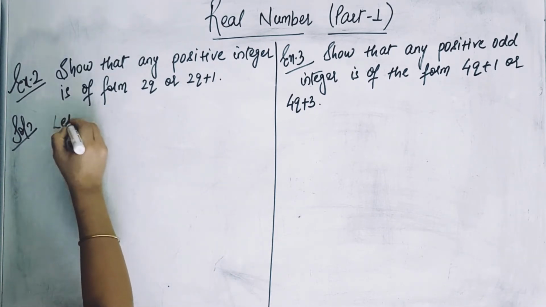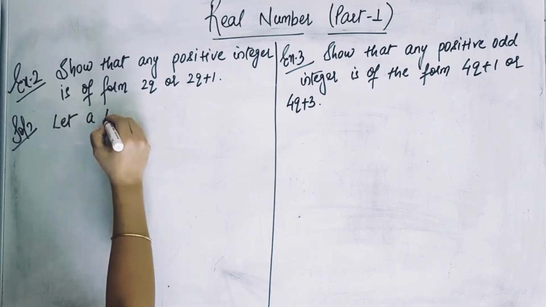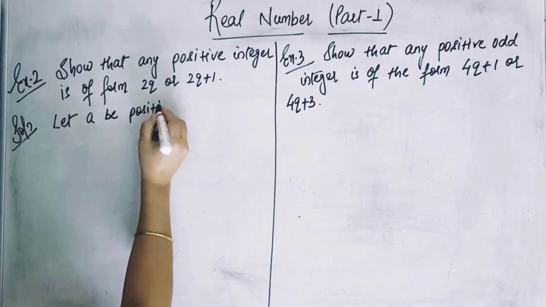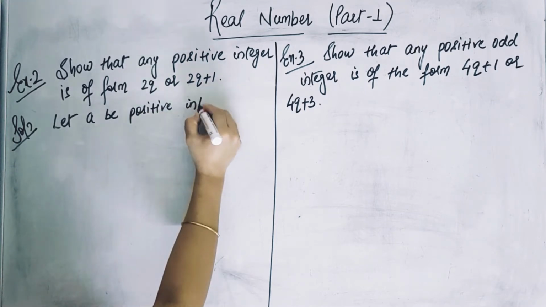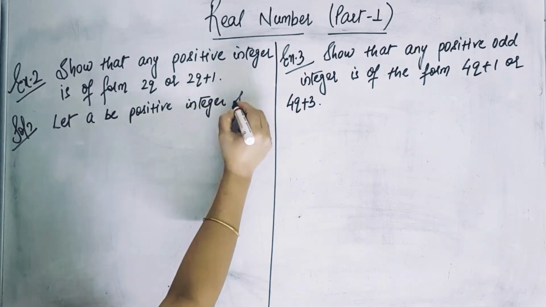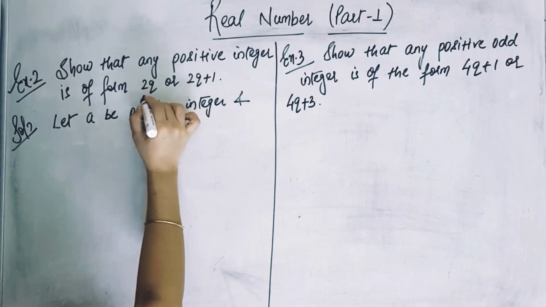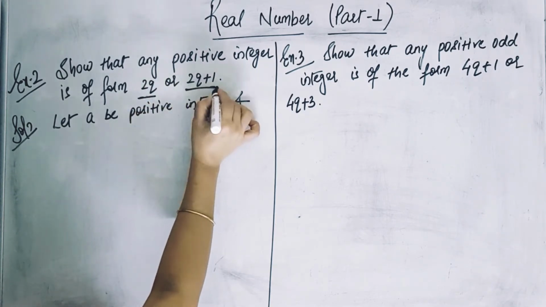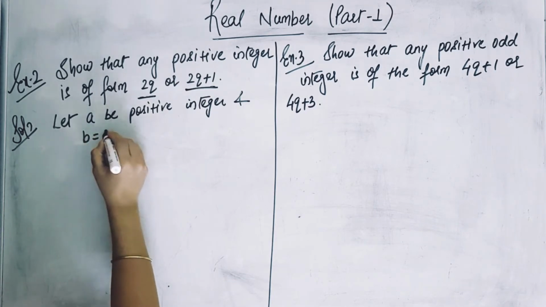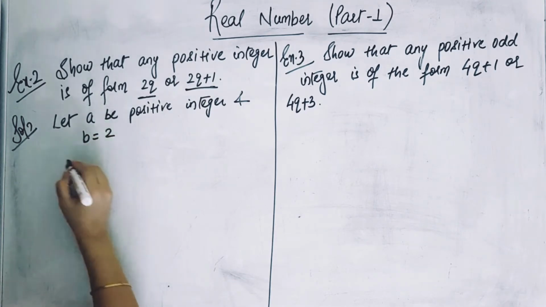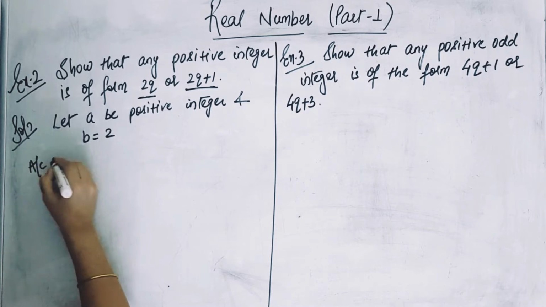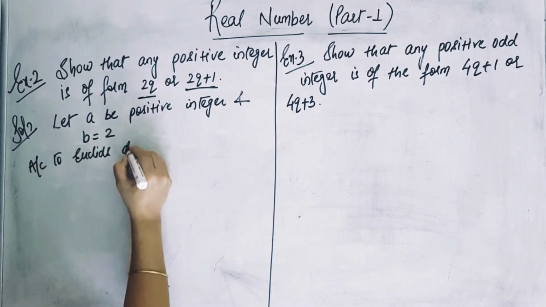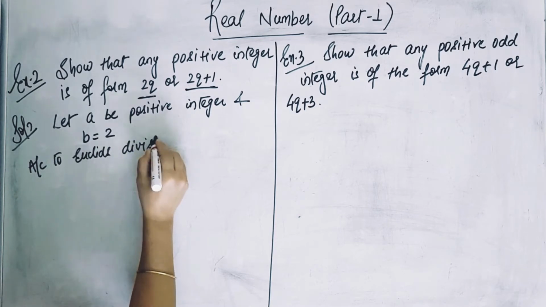Here we can assume, let a be a positive integer, and because in the question it is mentioned that it should be in the form of 2q or 2q plus 1, we'll take b to be 2. Now according to Euclid's division lemma, what can we write over here?